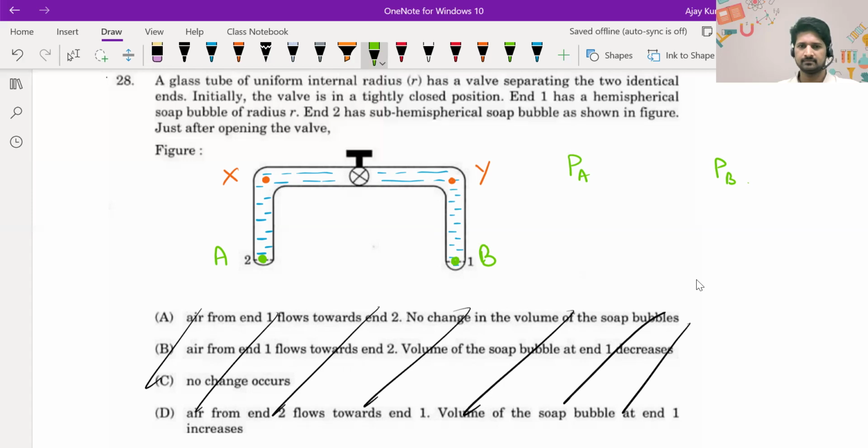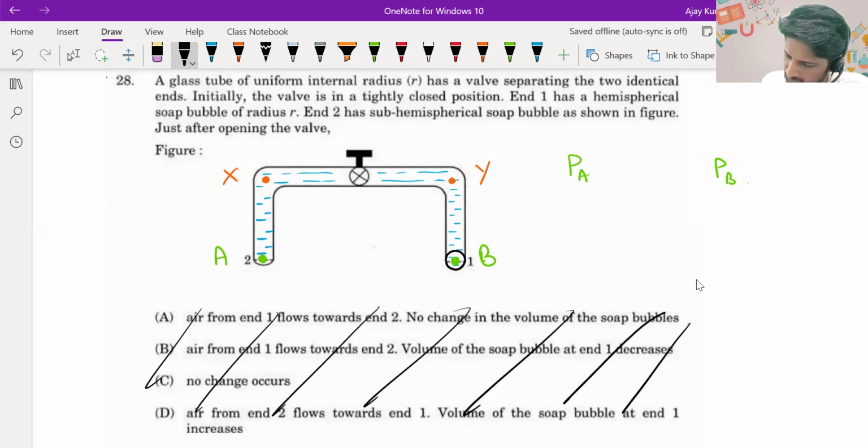So PB is greater. Correct. But why? Why is PB greater than PA? Sir, because the radius of curvature is less for B. Good, good. See, at both ends of the tube, there are drops hanging. If you look at B, the drop hanging there has a smaller radius of curvature.